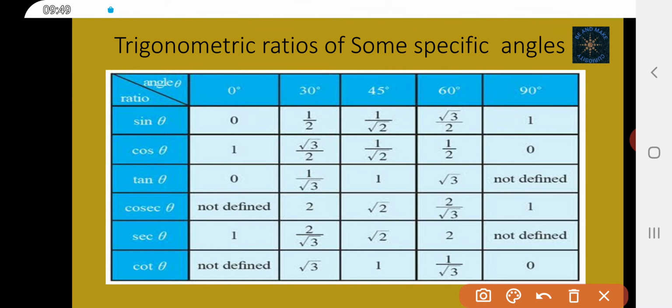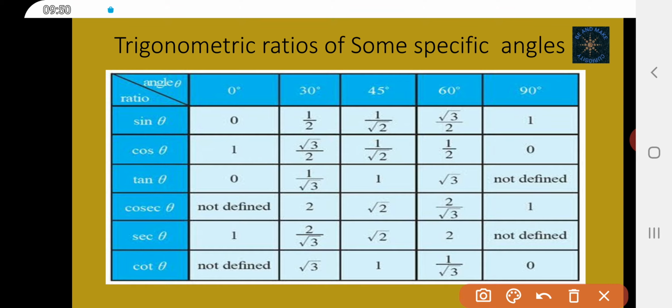So sin theta: sin 0 is 0, sin 30 degree is 1 by 2, sin 45 degree is 1 by root 2, sin 60 degree is root 3 by 2, sin 90 degree is 1. And cos: cos 0 degree is 1, cos 30 degree is root 3 by 2, cos 45 degree is 1 by root 2, cos 60 degree is 1 by 2, cos 90 degree is 0.